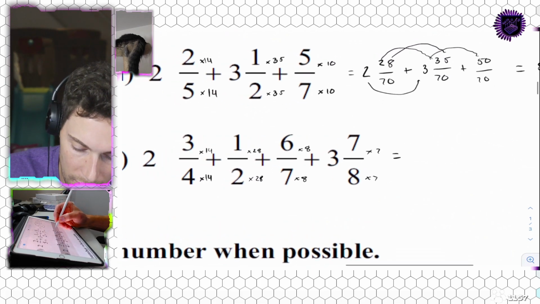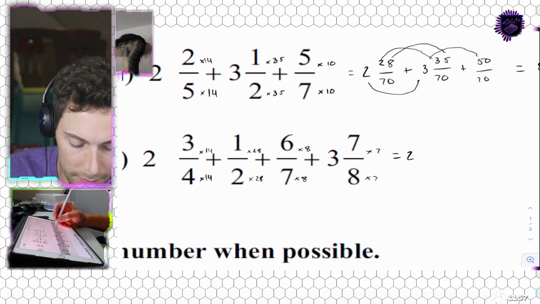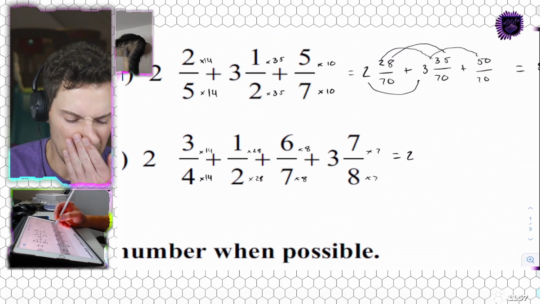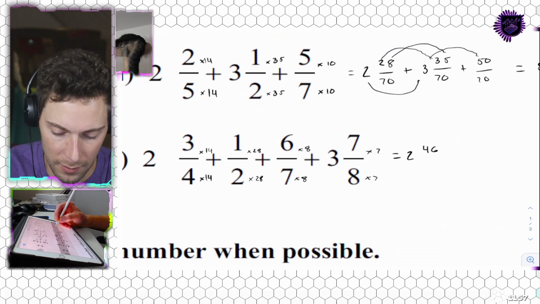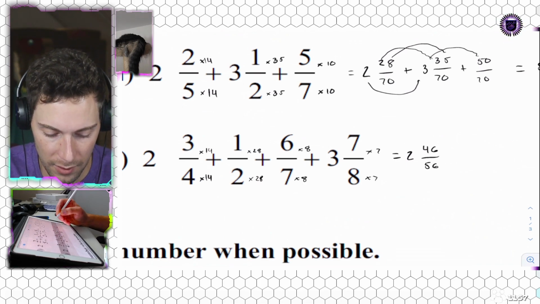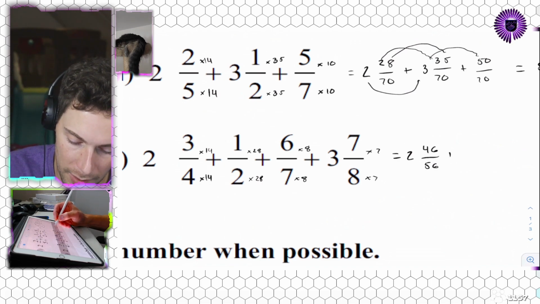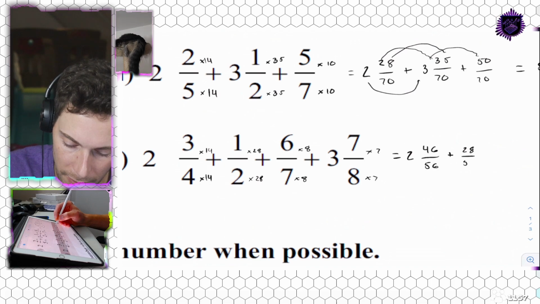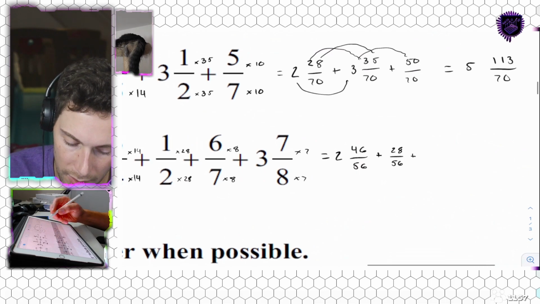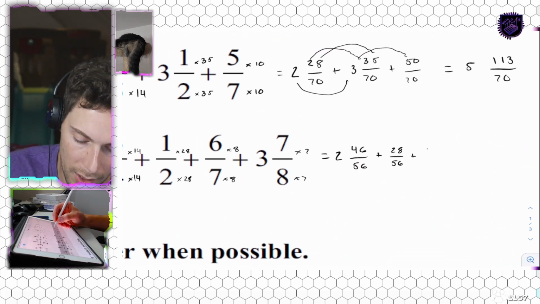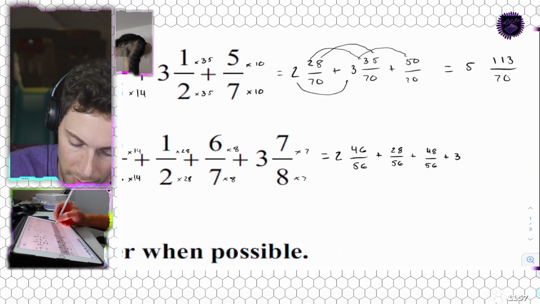So 2 and 3 times 14, 46. Plus 28, 56. Plus 8 times 6 is 48. 56 plus 3 and 49, 56.